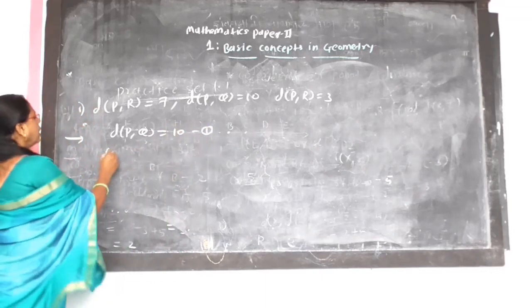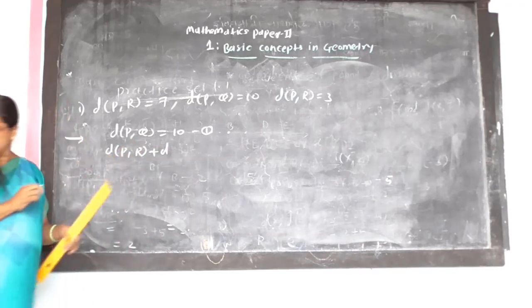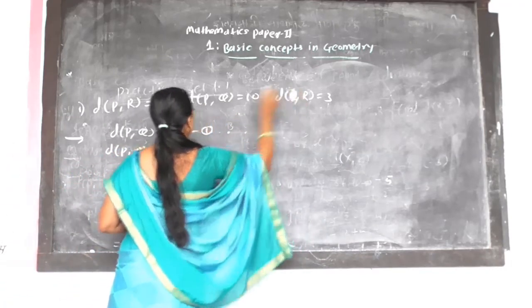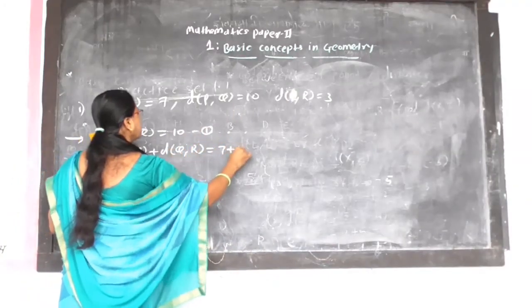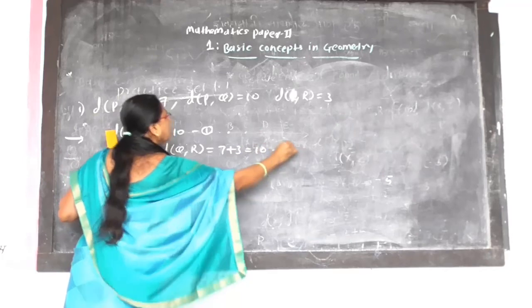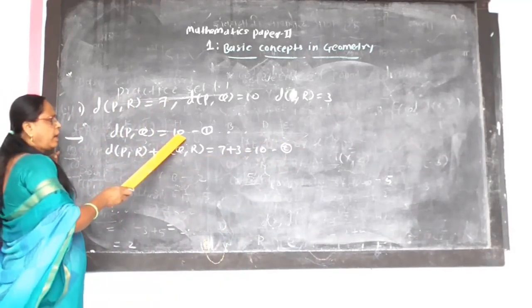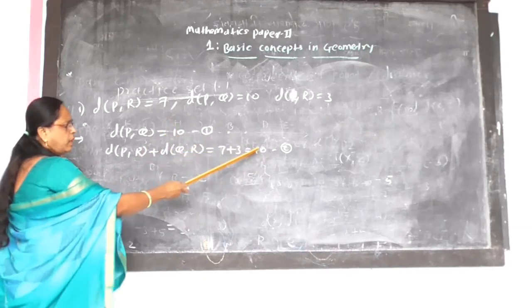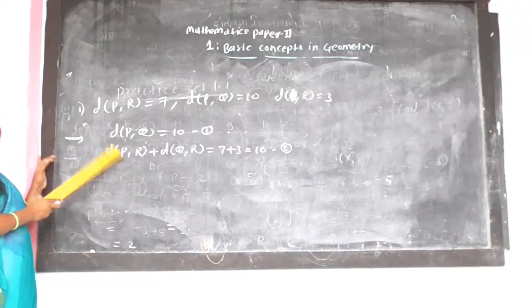This is first. And distance PR plus distance QR equals 7 plus 3 equals 10. This is second. In these two equations, the right-hand sides, 10 and 10, are similar, and therefore their left-hand sides are similar.